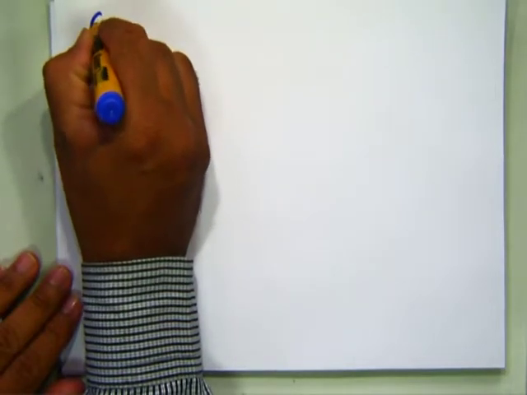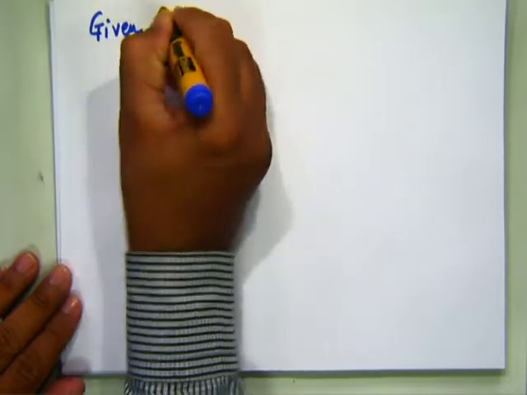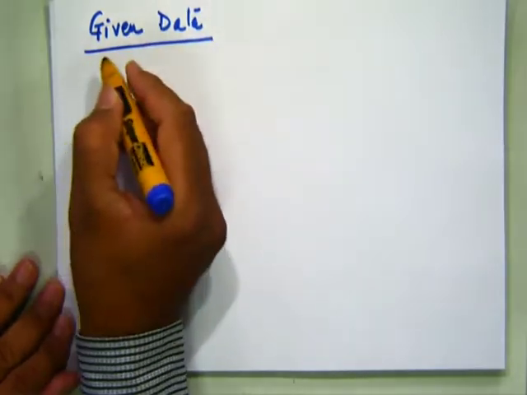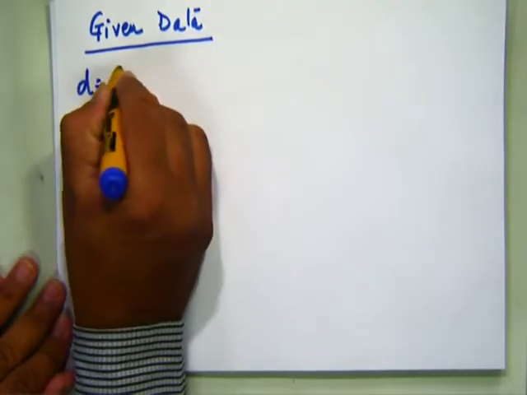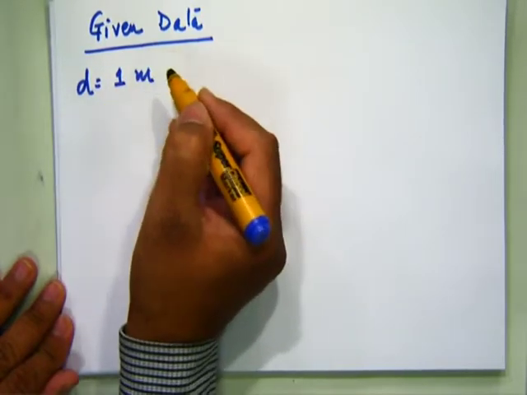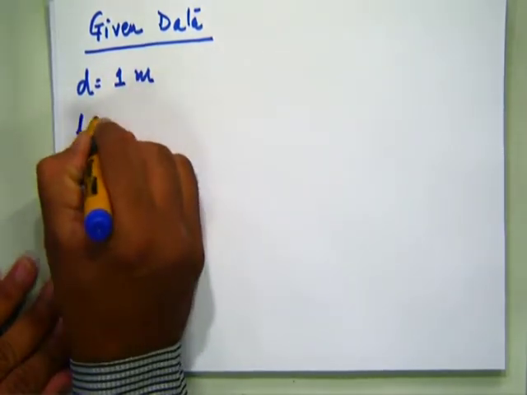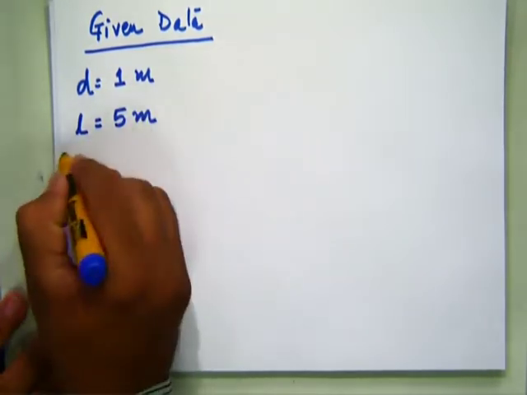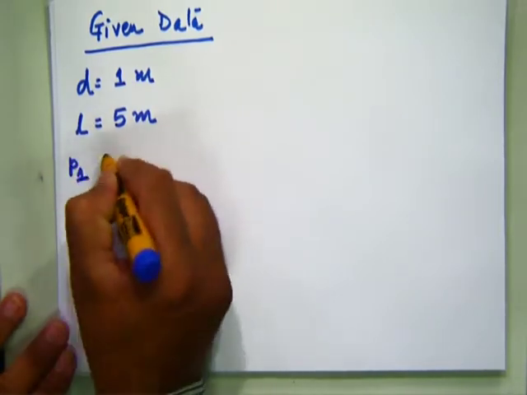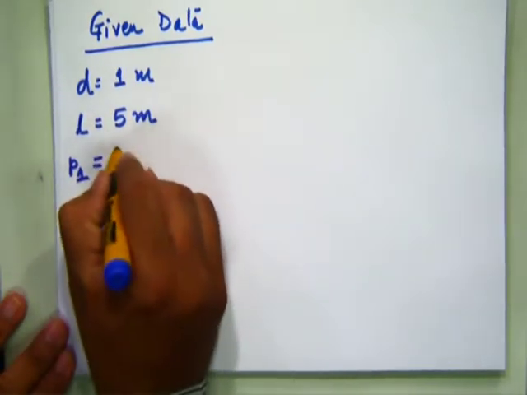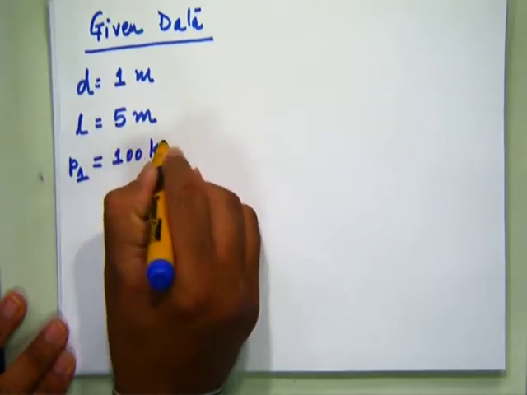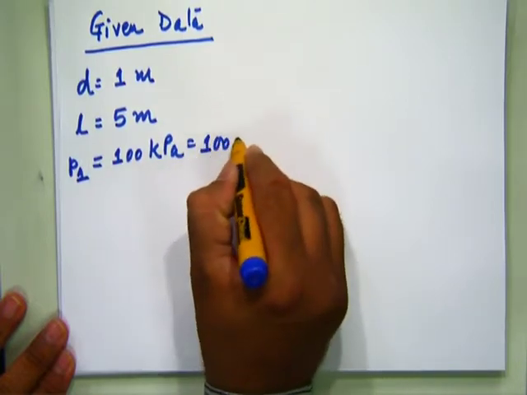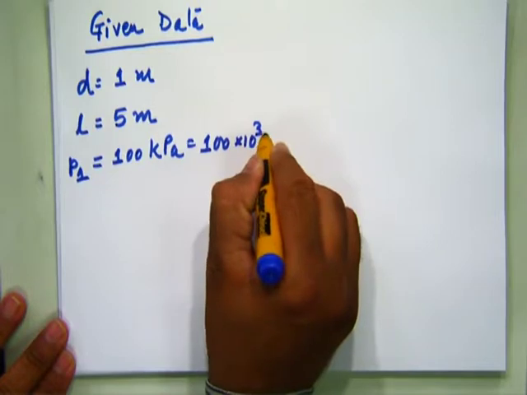What is the given data? Diameter is 1 meter, length is 5 meter. Pressure at the beginning of the process, P1, is 100 kilopascal, so it is 100 into 10 raised to 3 Pascal.